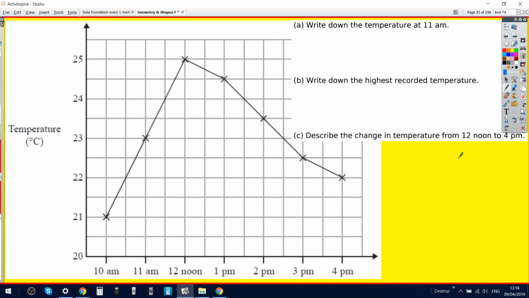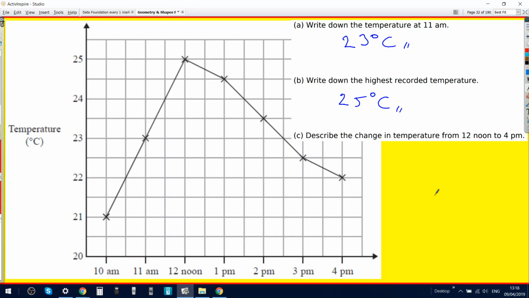Okay, write down the temperature at 11 a.m. So we go up, that would be 23 degrees. Write down the highest recorded temperature, 25 degrees. Describe the change in temperature from 12 noon to 4 p.m. It drops down.